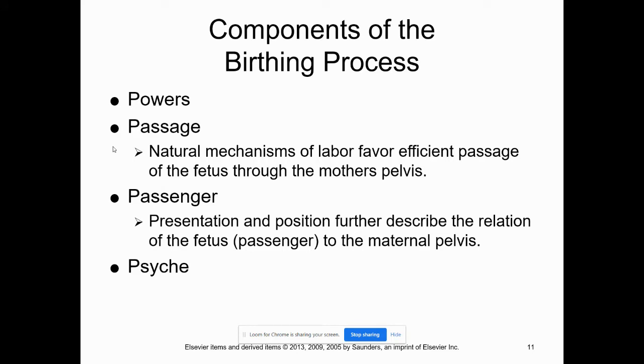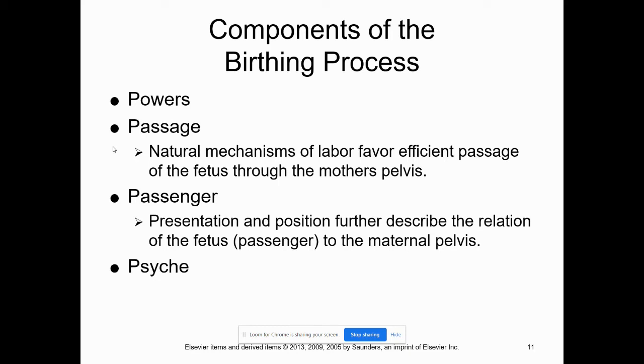We like to say that there are 4 P's to the birthing process, 4 components. And these consist of powers, and those are uterine contractions and mom pushing. There's passage, and these are those natural mechanisms of labor that favor an efficient passage of the fetus through the mother's pelvis, such as her pelvic shape.